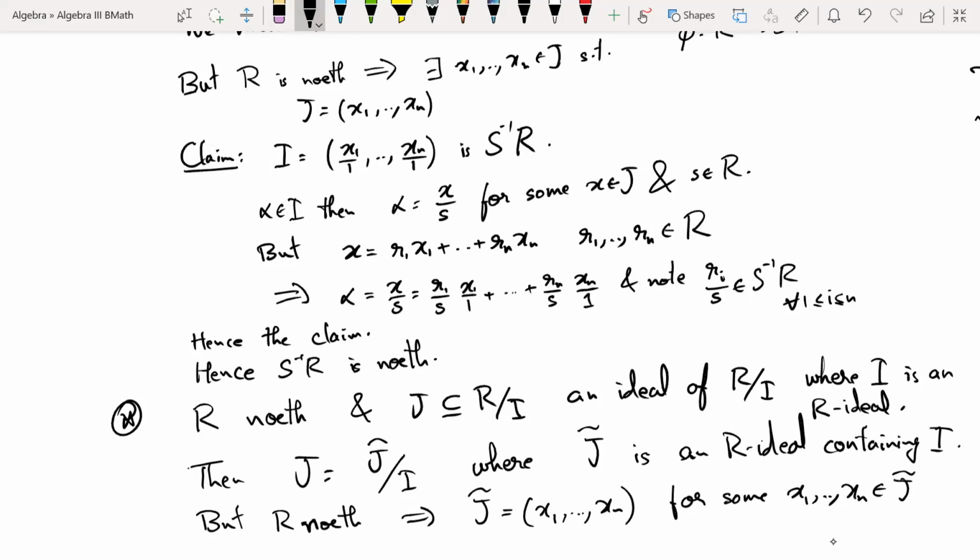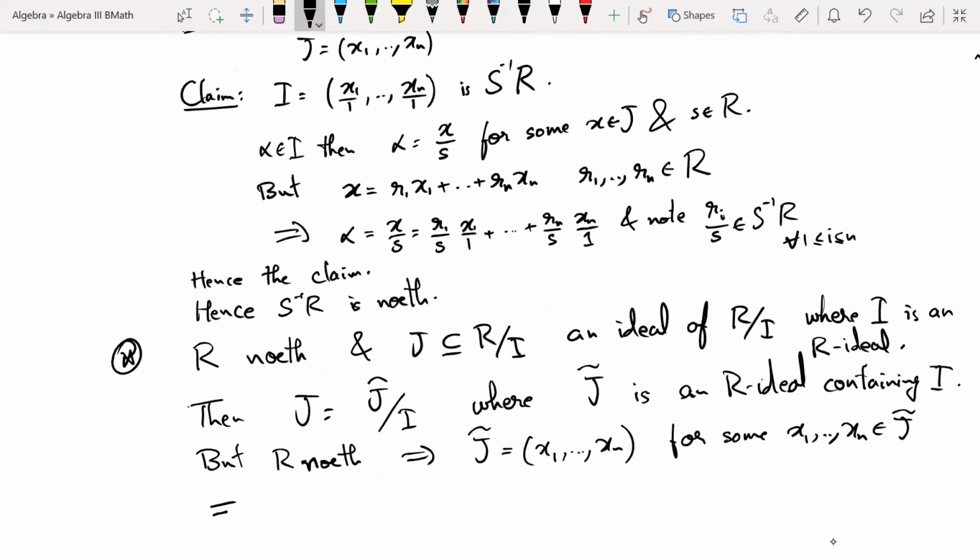So every ideal is finitely generated, which implies J is generated by, so if J tilde is generated by x1 to xn, their images will generate J. So J is generated by x1 bar to xn bar, or you can think of it as x1 plus I to xn plus I if you want to write it in terms of quotients. Hence R mod I is Noetherian.